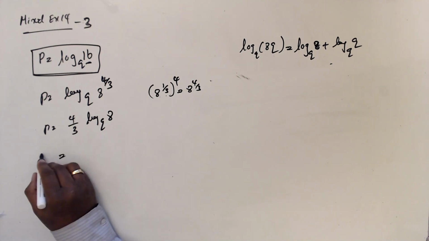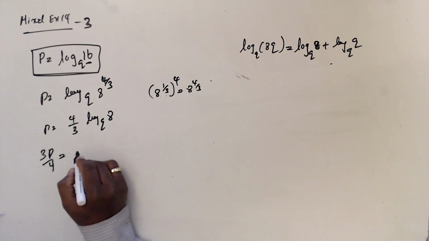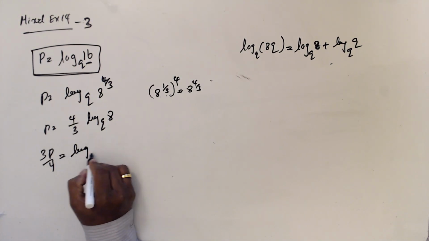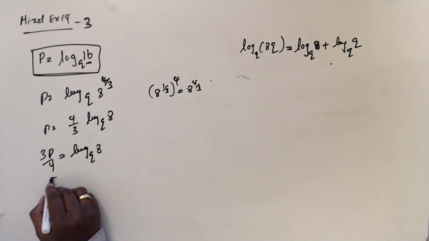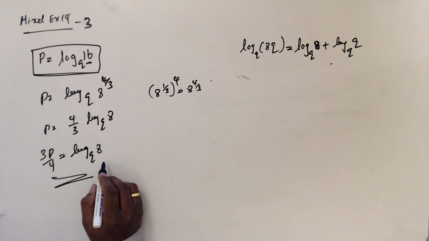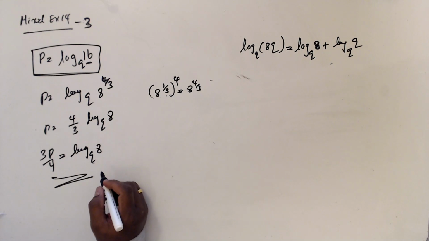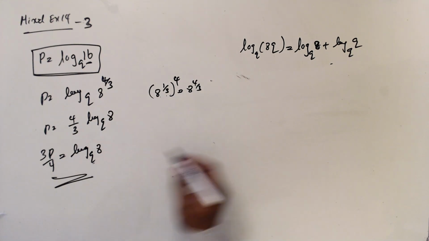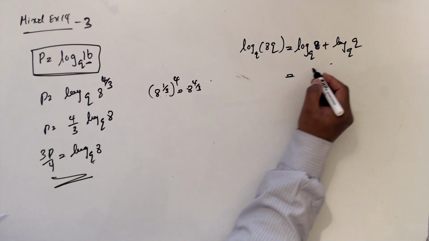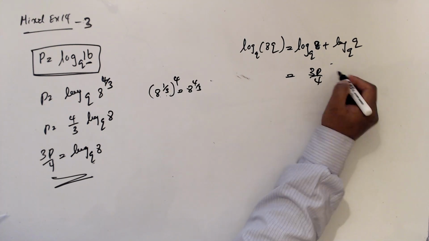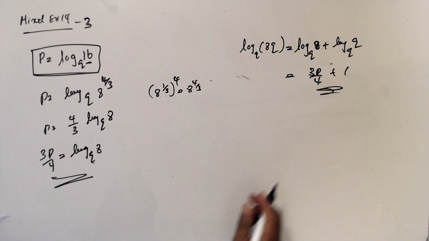Then this is going to be 3p over 4 equals log q base 8. So then I can write 3p over 4, and this is plus 1.